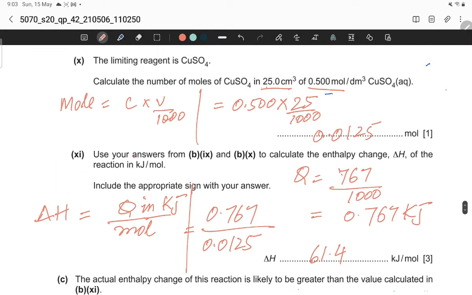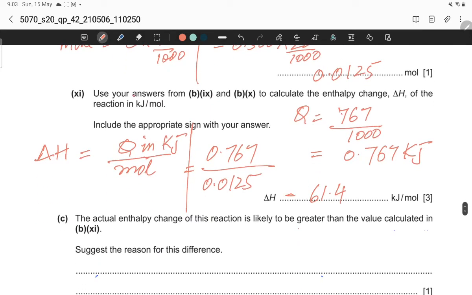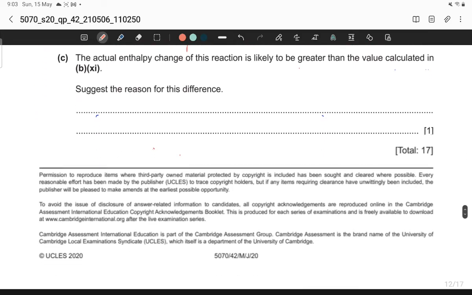This reaction is exothermic, so the sign of the enthalpy change is negative: delta H is equal to minus 61.4 kilojoules per mole.